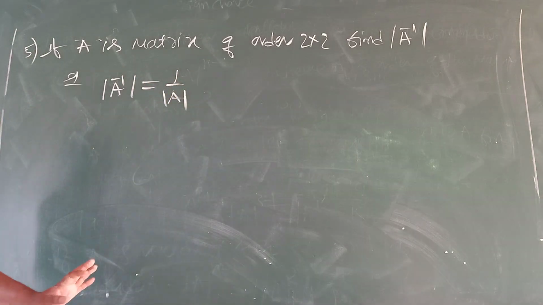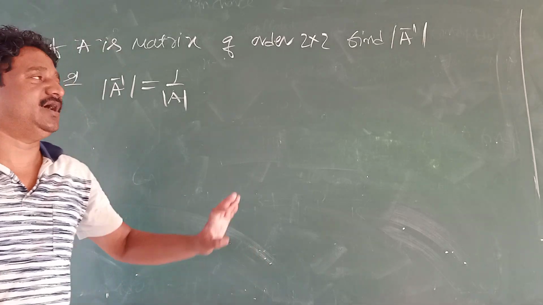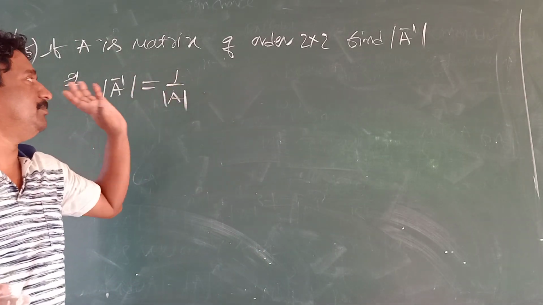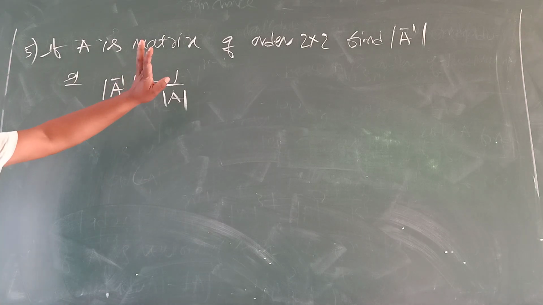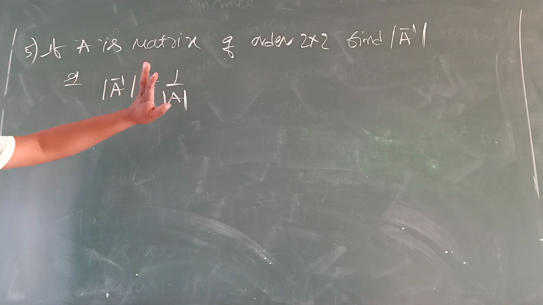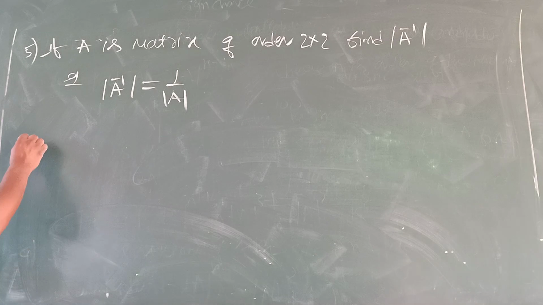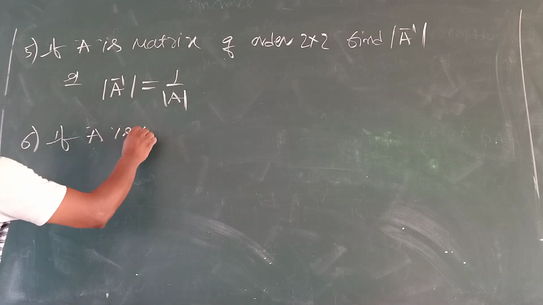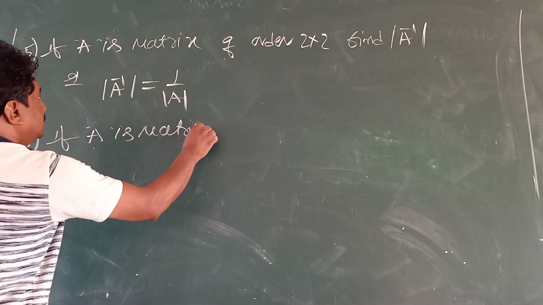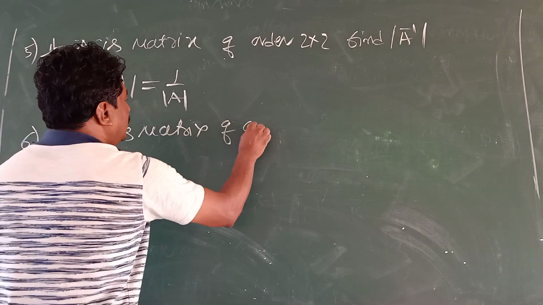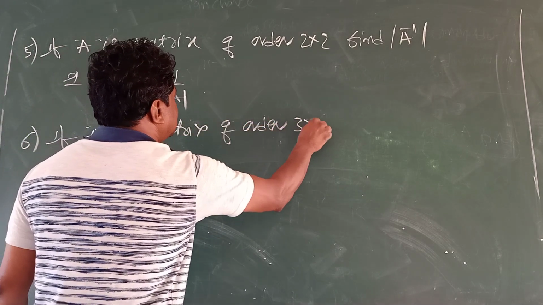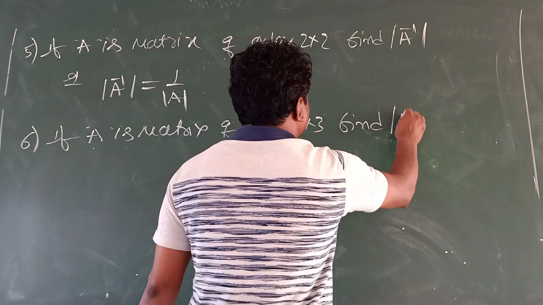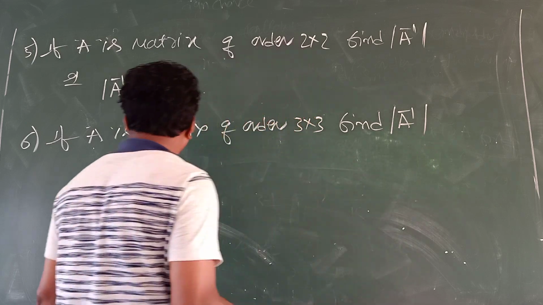That's all. Whether it is a second order matrix or a third order matrix, determinant of A inverse is always equal to 1 by delta. Order not required. Right? Question number 6. If A is a matrix of order 3 cross 3, find determinant of A inverse.